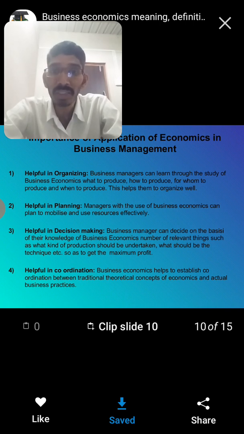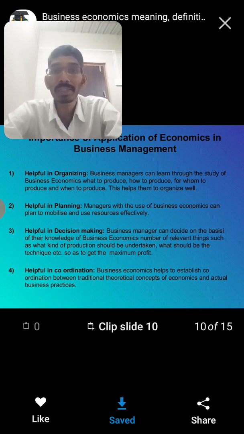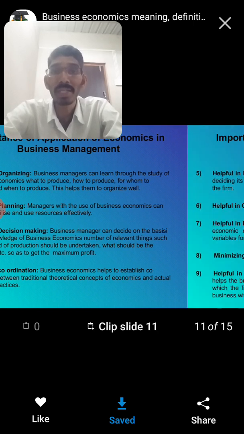Success also depends on that. Here business economics helps establish coordination between traditional theoretical concepts of economics and actual business practices. So what are the actual practices, and how are traditional economic theories applied to the success of the firm? This is also one of the importances of business economics.